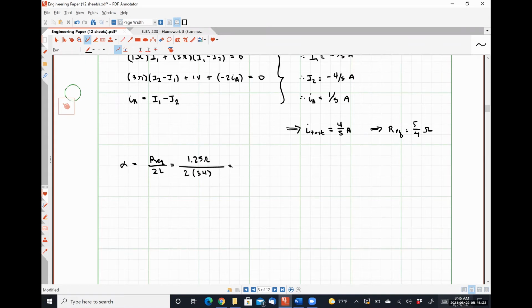So 1.25 over 6 is 0.2083 repeating nepers per second.